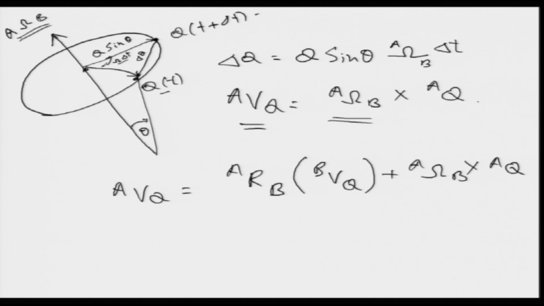So, essentially what we are seeing is that the point q could also be having a velocity in frame b, which is taken care of here, and this is multiplied with the rotation matrix to bring it to the reference frame a, and plus it has this component of linear velocity because of the rotation. So, the total velocity will be this component plus that component.